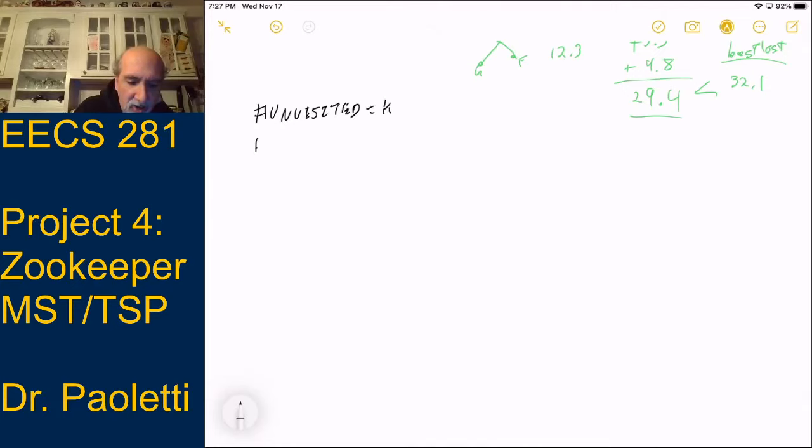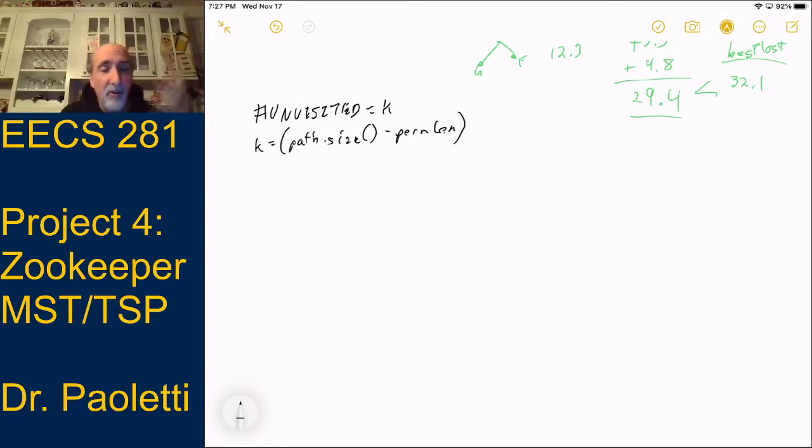And k is actually equal to the path.size minus perm length. So if I've got 10 vertices and 3 of them are fixed, that means 7 of them can still be changed. All right, so I've got k here, and I've got my cost to finish my opt TSP.